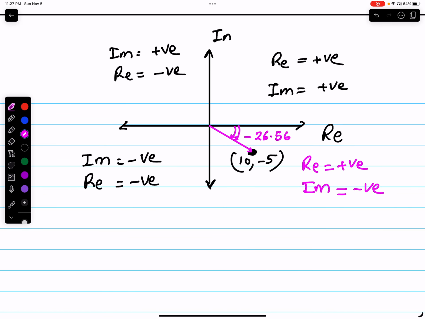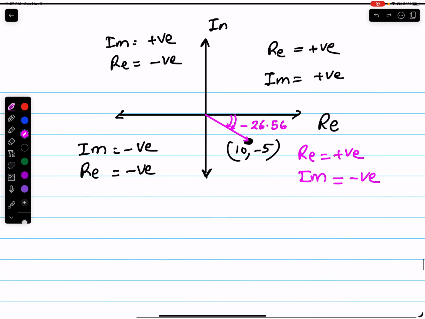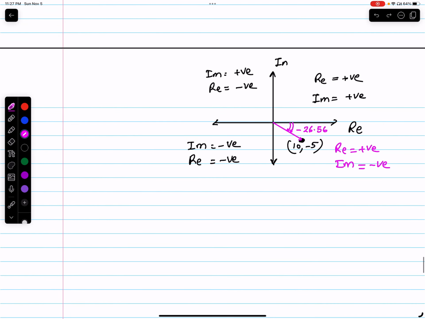or we could even add in the counterclockwise direction and then report it in the third quadrant. But the important thing that we want to understand is, when we are reporting the angle, we want to make sure that it is in the correct quadrant.